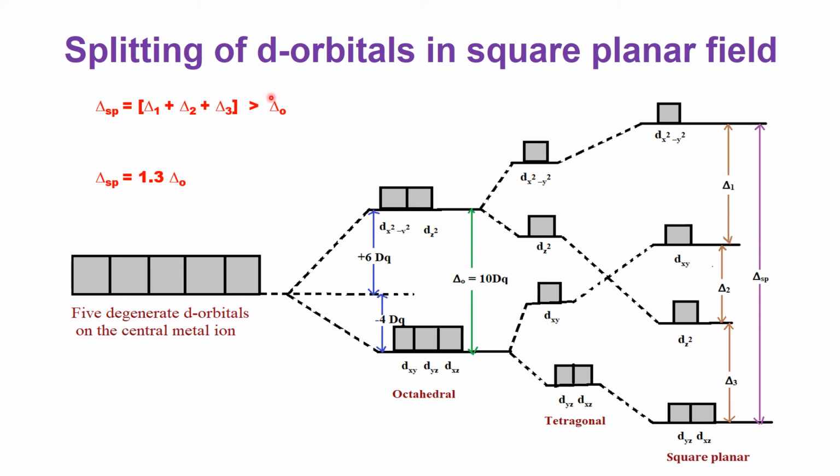This is because the dx square y square orbital interacts with only four ligands in the square planar complex, whereas in an octahedral complex the orbitals interact with six ligands. So delta SP is equal to 1.3 delta O.